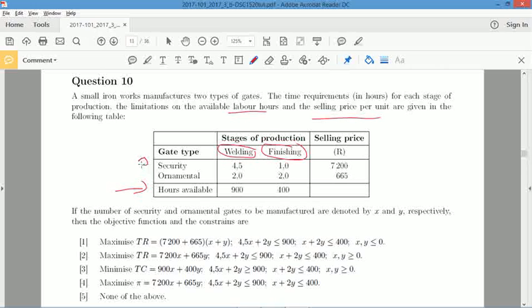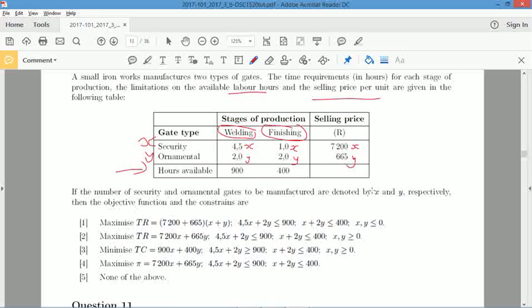Okay, so security is X and ornamental is Y. Now in terms of welding, I'll have 4.5 for X and 2 for Y. The selling price would be for X here and Y there. Right, what do they want? They want to know, respectively, the objective function and the constraints.